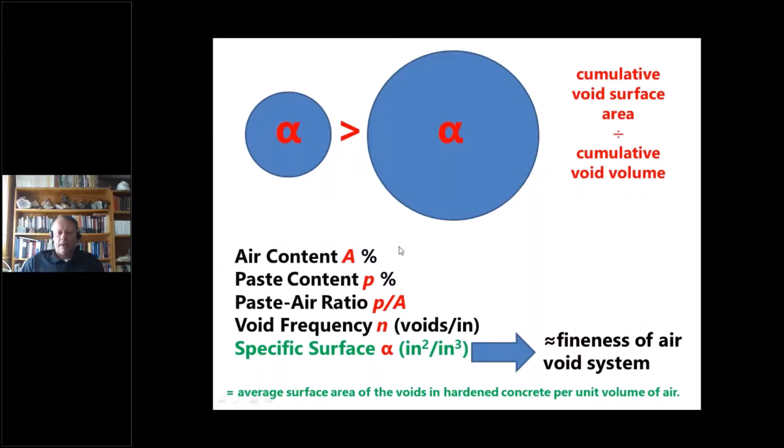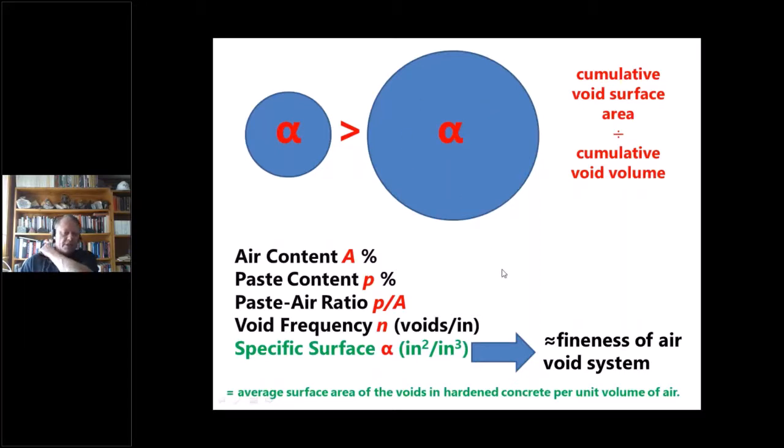It's essentially describing the fineness of the air void system, how small the voids are on average. If you look at the graphic at the top of this screen, this shows us that the specific surface of a small void is greater than the specific surface of a larger one.